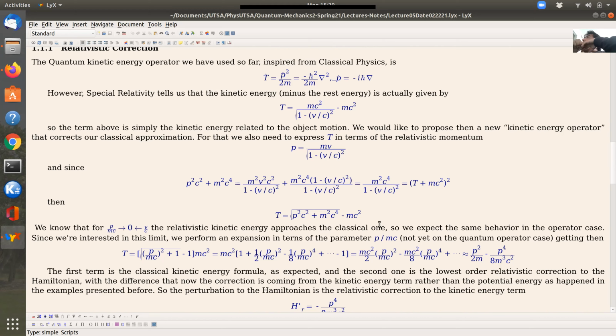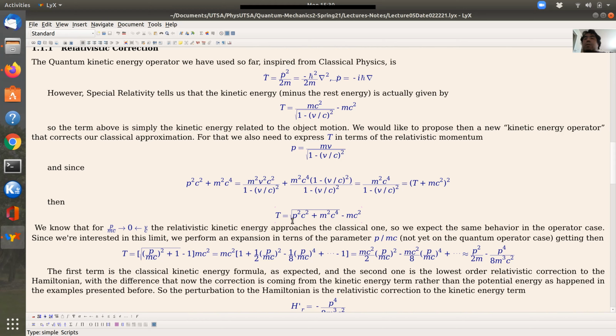Well, we're going to introduce this relativistic correction, and we know that in the limit, say v over c goes to 0, or equivalently, p over mc goes to 0, the relativistic case approaches the classical case. And so we expect the same for the operators we propose. We're interested in this limit, but of course, to obtain some sort of first order correction, right?